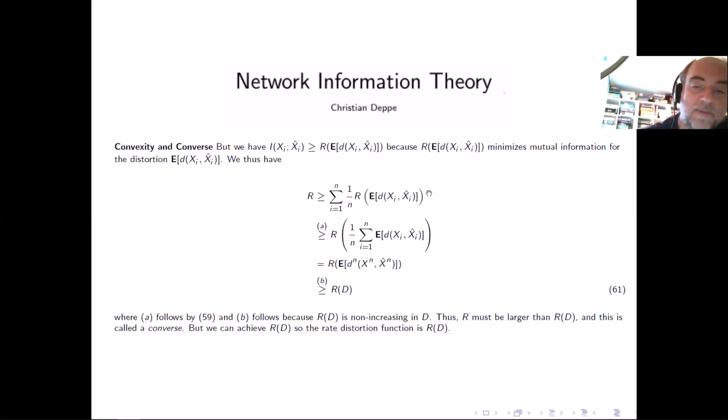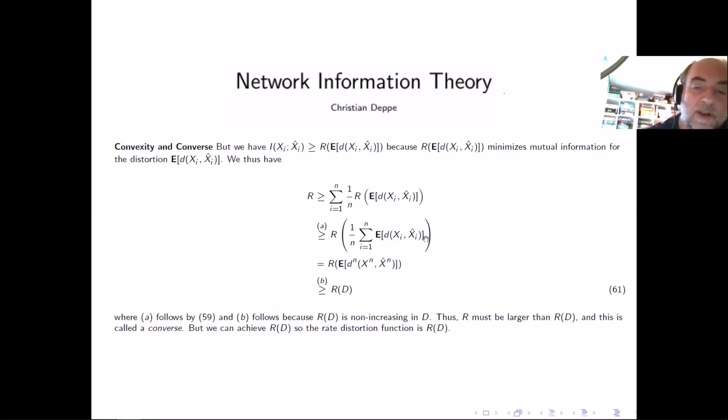That's what we have from the previous page, just by inserting this for the mutual information here. But now we know that our rate function is convex, which we proved before. So we can write this in this way. We can put the rate outside and get this here.